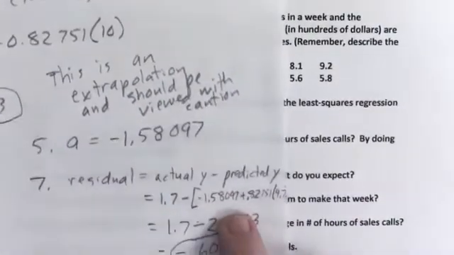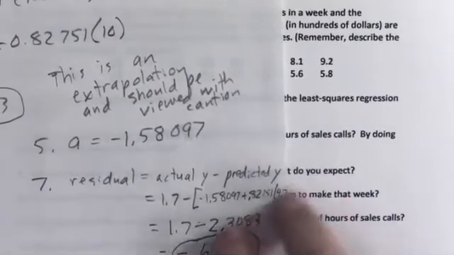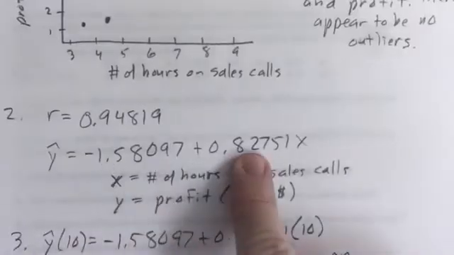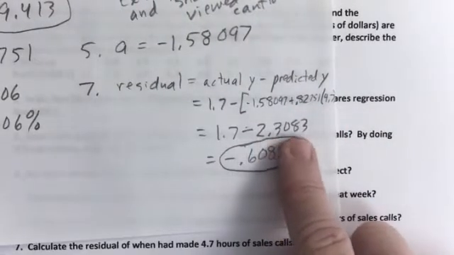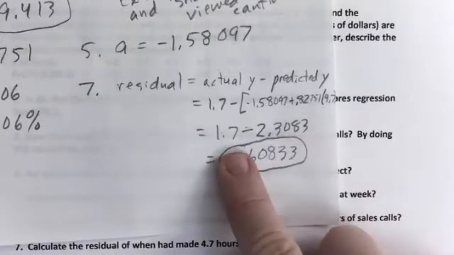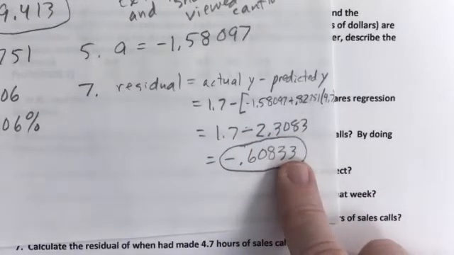The predicted Y is what you get when you plug 4.7 into our least squares regression equation, which ends up being 2.3083. So I say 1.7 minus that, and it gives me the residual. And so there you go.